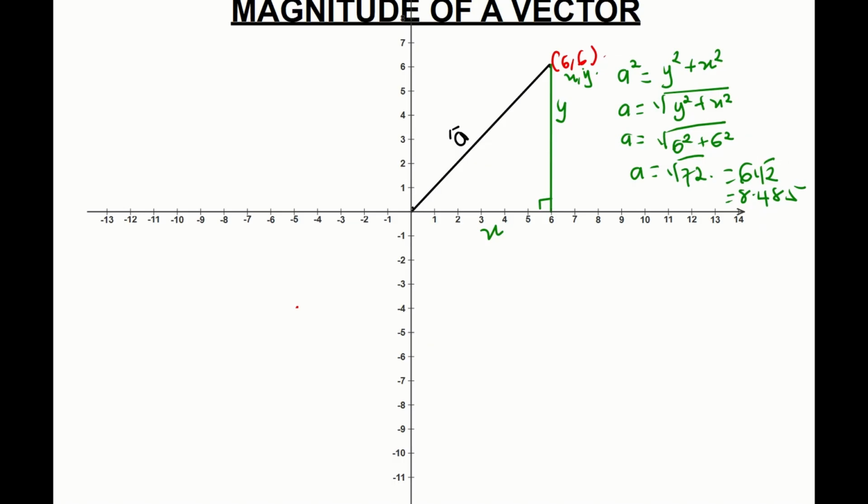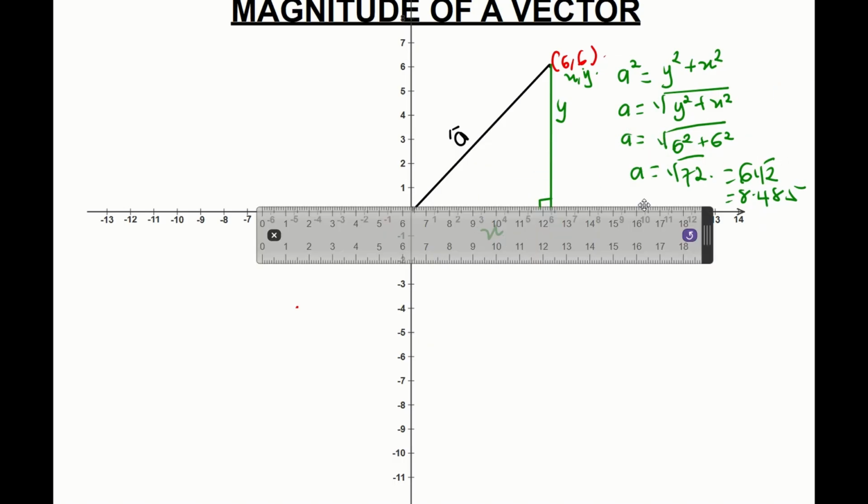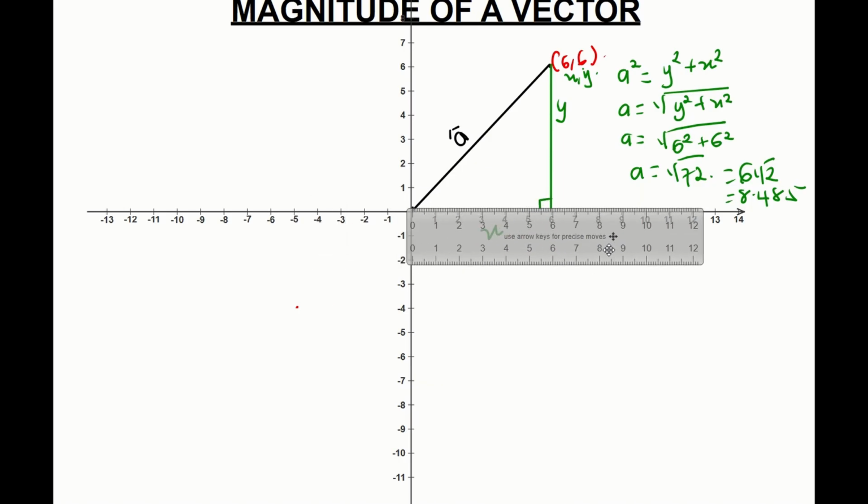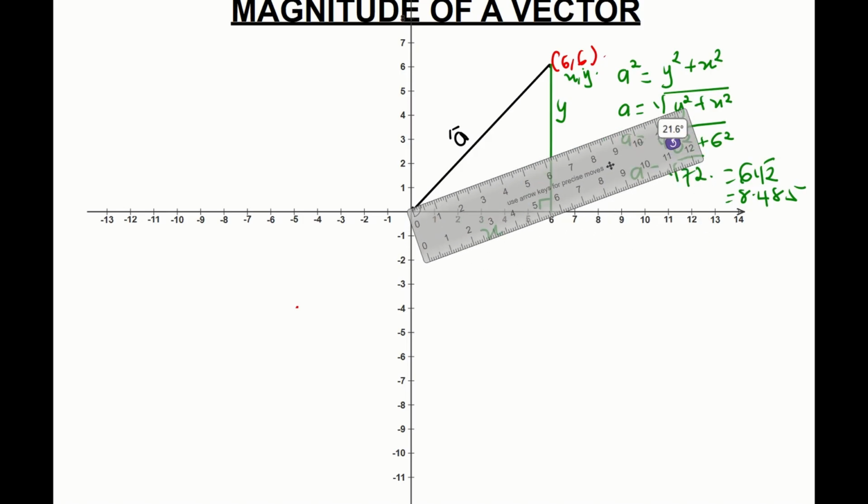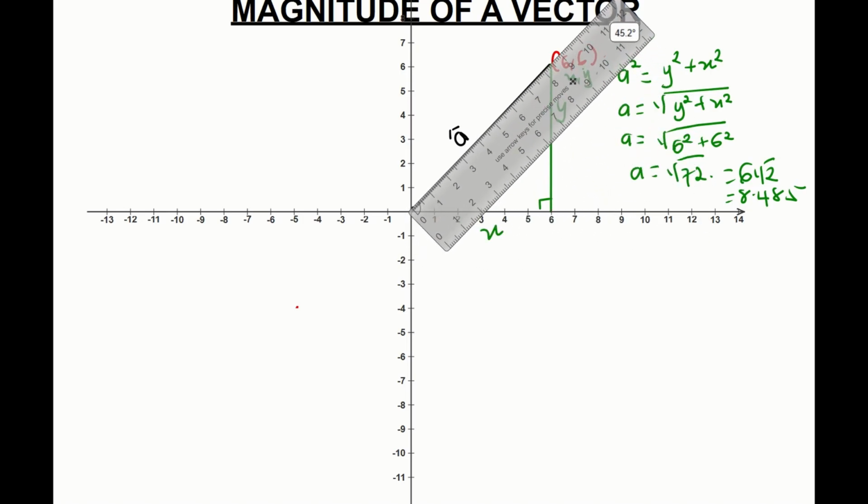Let's visualize that with our ruler to see the length of our given vector. This should tell us if our formula is telling us the truth. So when we put that here, let's zoom that out.